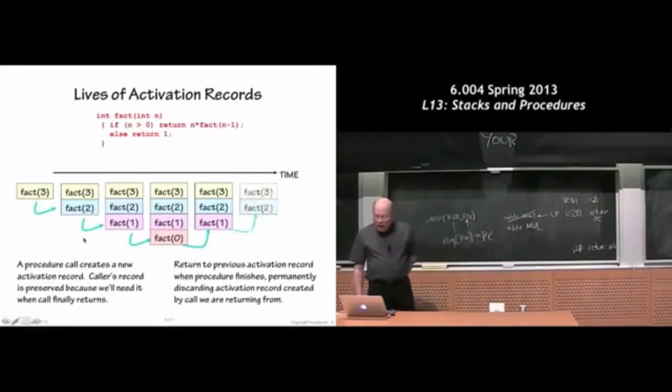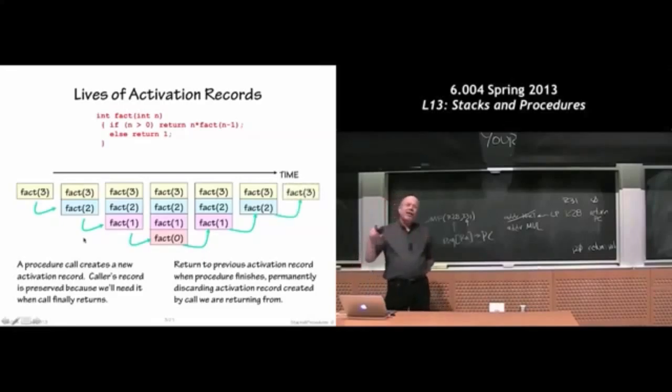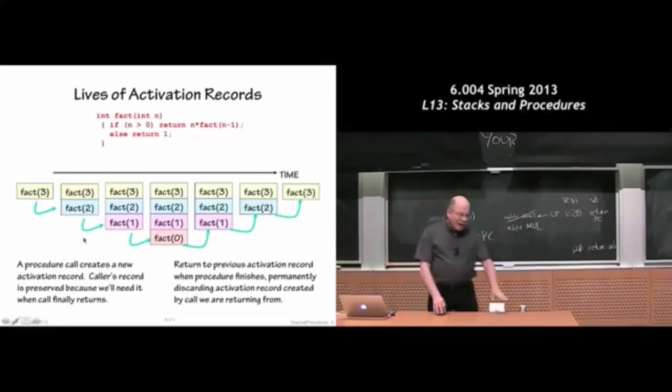And in fact, if you look carefully at when activation records are created and destroyed, they follow a very simple discipline. Every time you make a nested procedure call, you add a new activation record, but then you have to return from the nested procedure calls in the same order that you called them. So you might do call, call, call, return, return, call, return, call, return.